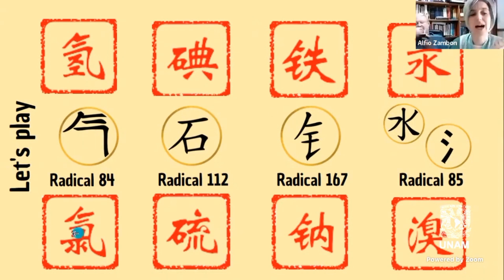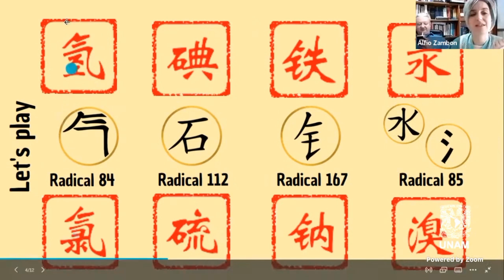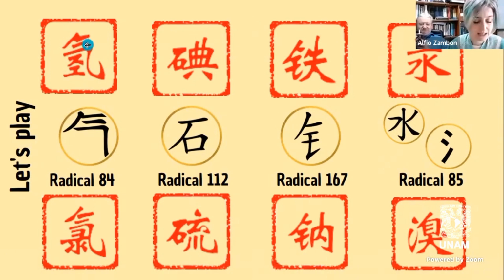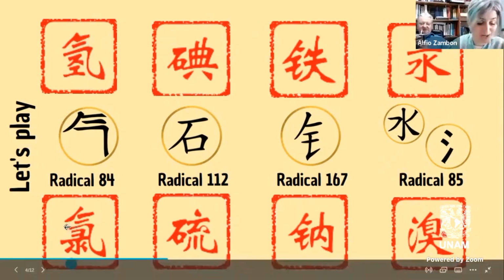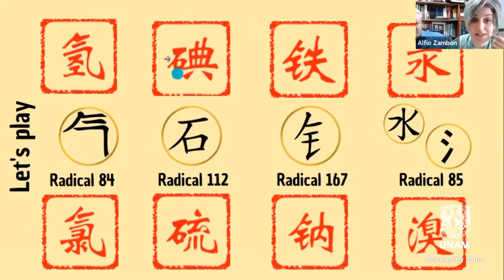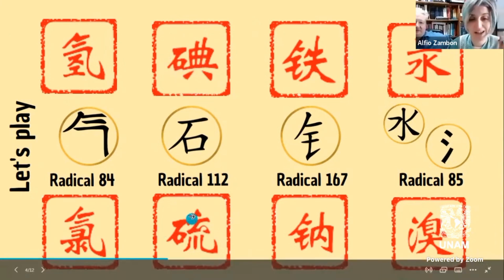So here, in this case, we have tin, which is hydrogen, and this one is liu, which is chlorine. This one is dian, which is for iodine, which is solid, and you have liu, which is for sulfur.